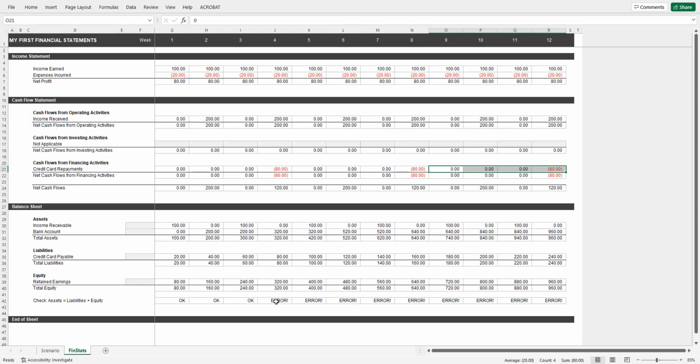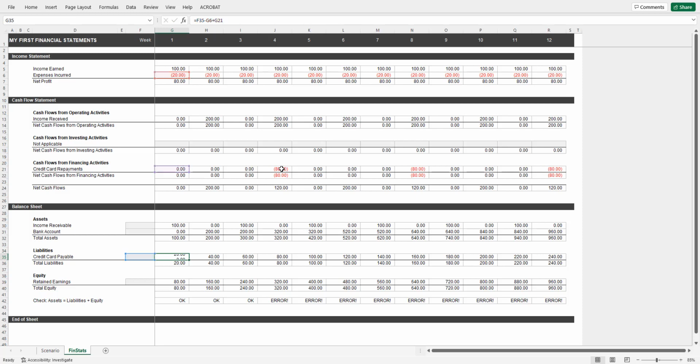And you may notice we've got our balance sheet in error, and that's because we still need to update our credit card payables. So here, the credit card will be reduced by our repayments. So again, I will subtract the repayment so that we... I should add the repayment so that we reduce the liability for the amount being paid.